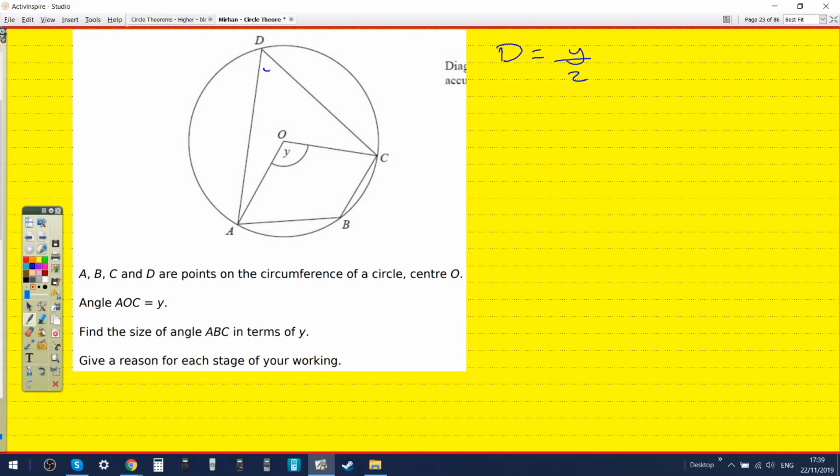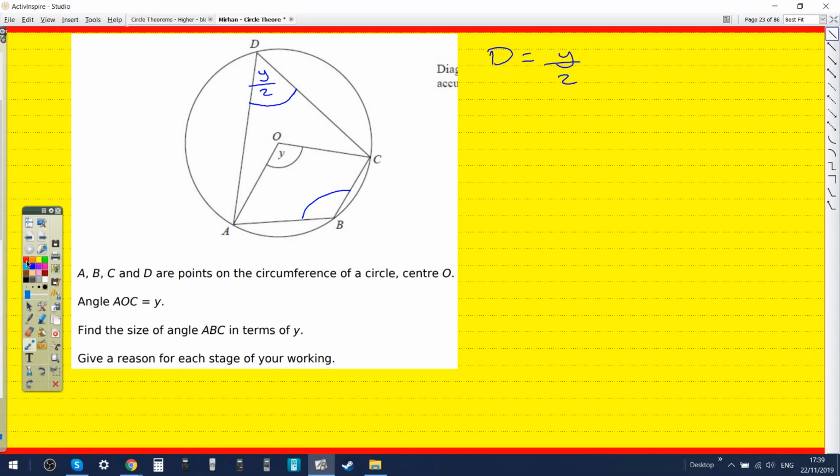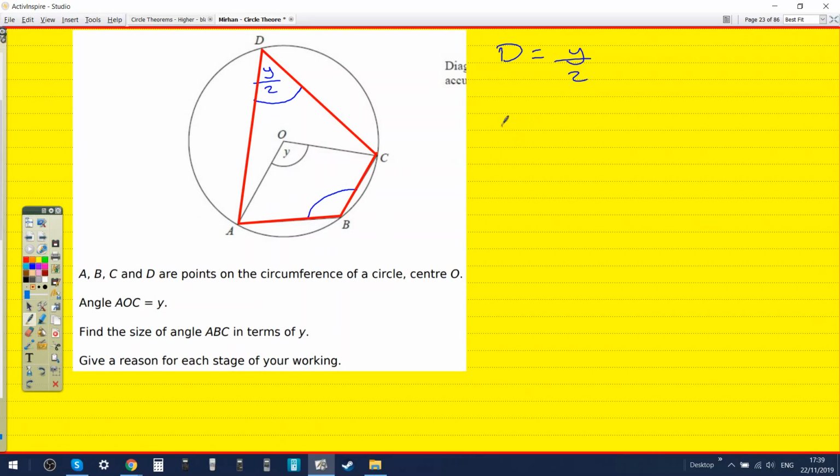Well, this one is Y over 2. What do you know about that and this? Oh, okay. Yes. So Y over 2 plus the number has to add up to 100 and... Y over 2 plus B has to add up to 180, I think.